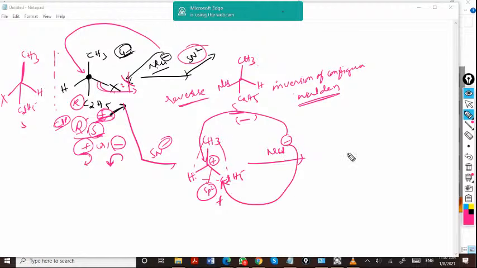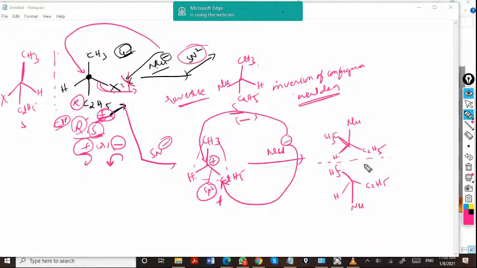So if it is attacking from the upper side, we get one product, and if it is attacking from the downside, we get the other.